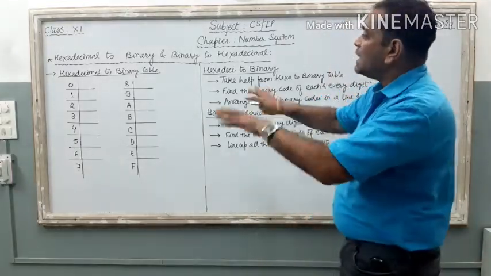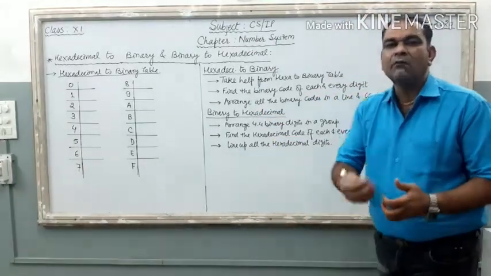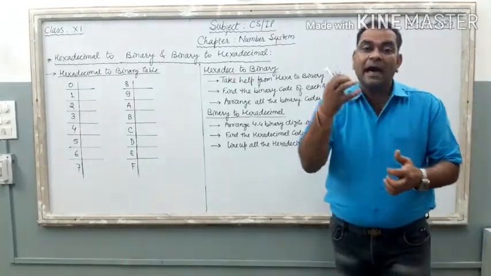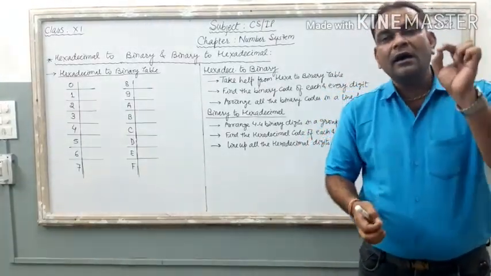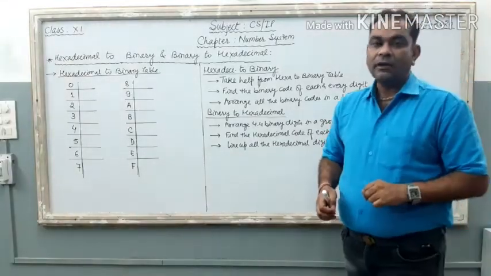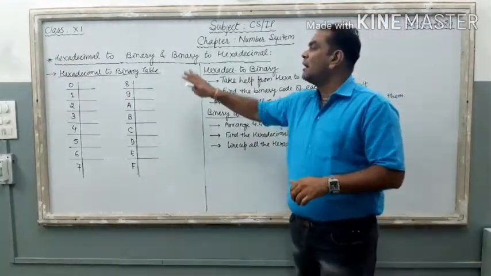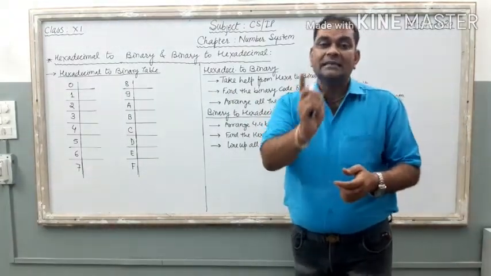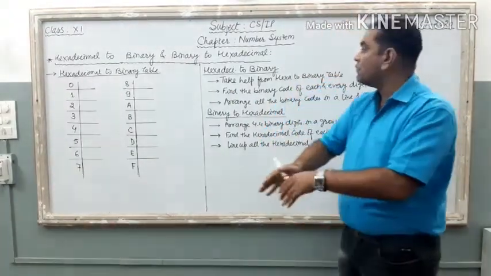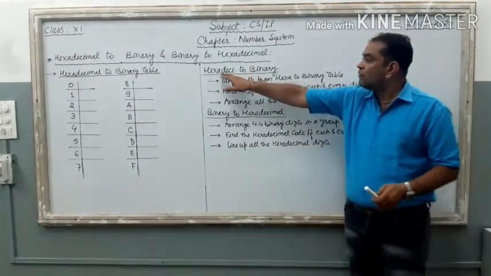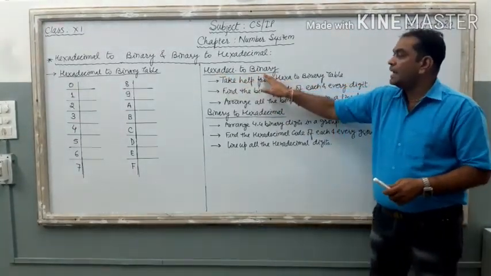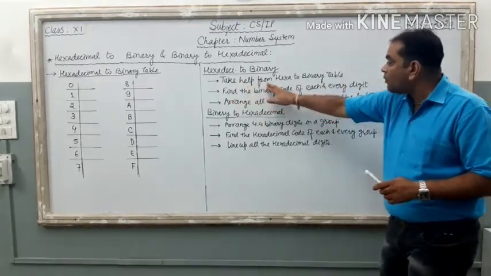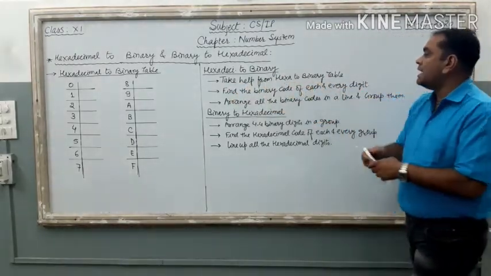Now, our today's concept is how we can convert the hexadecimal number into binary, or how we can produce the binary code of a given hexadecimal value. So, to convert hexadecimal to binary, we need a hexadecimal to binary table. Here, if you can see on the board, the first point is: take help from the hexa to binary table.